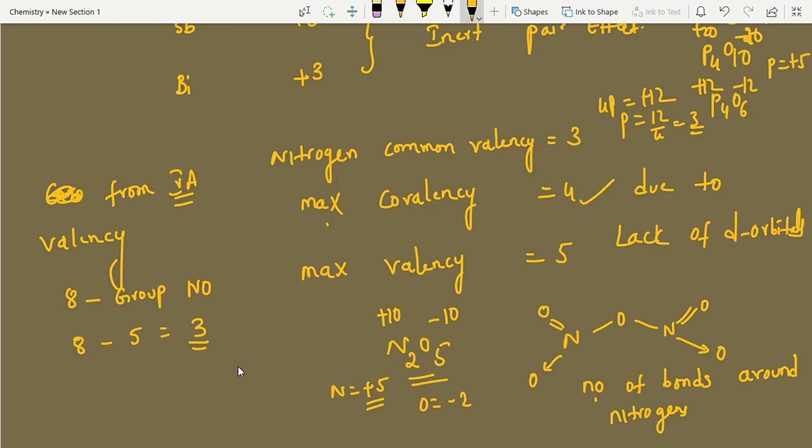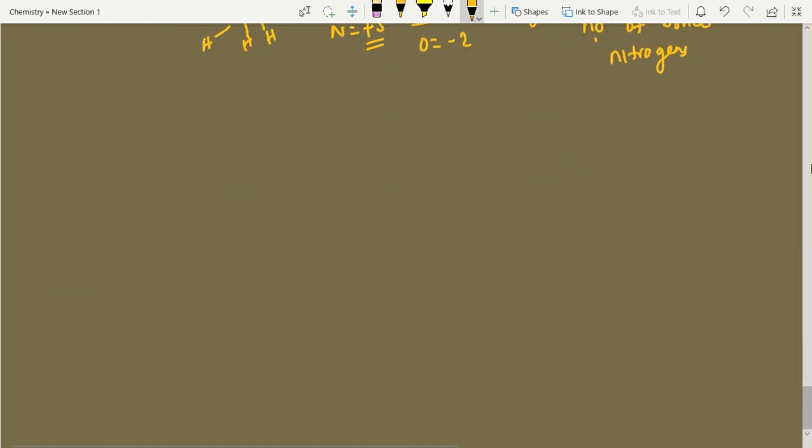Take ammonia as an example. It has 1 lone pair and 3 bond pairs. This is the common valency, 3 bonds. If it donates to someone, then you will get 4 bonds. It has the capability to donate only 1 lone pair of electrons. That's why its maximum covalency is 4.